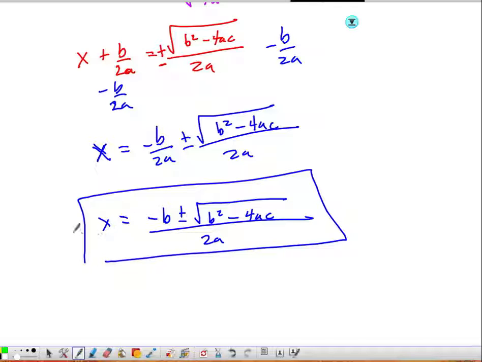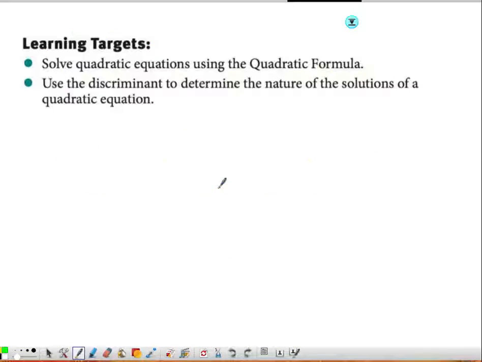So, why is the quadratic formula important? Well, we're gonna use it for lesson 9-3. So in lesson 9-3, which begins on page 144, we're going to solve quadratic equations using the quadratic formula, and then later we're going to use the discriminant to determine the nature of the solutions of a quadratic equation.